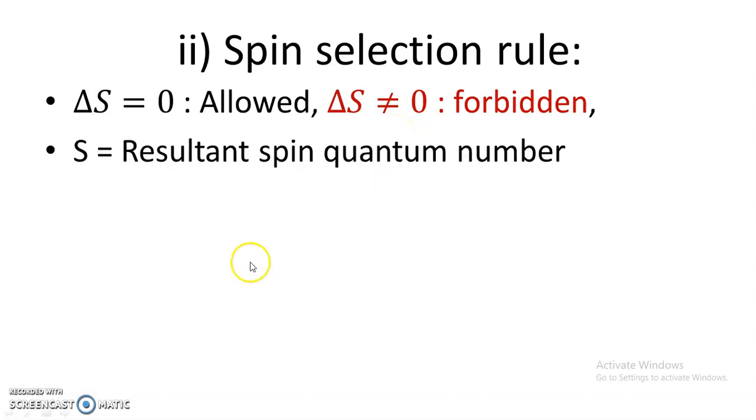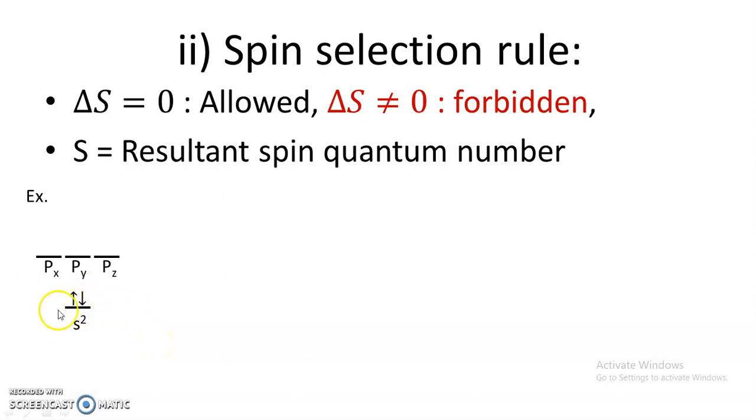We'll take an example. Suppose there is an electronic configuration s2 p0. The s orbital has lower energy, the p orbital has slightly higher energy, and there are two electrons in the s orbital. So the electronic configuration is s2.